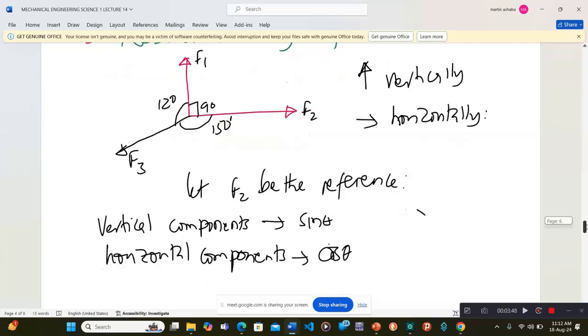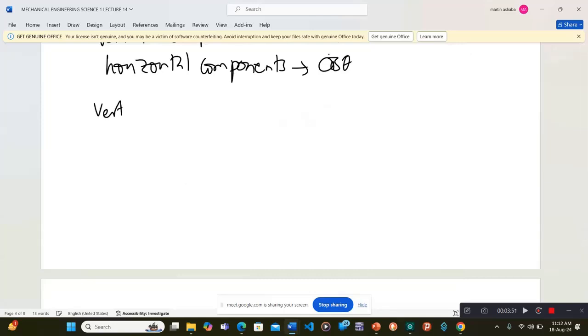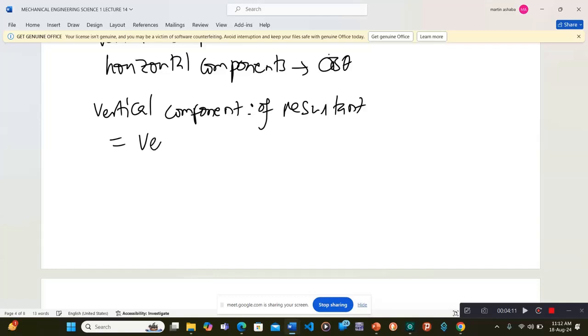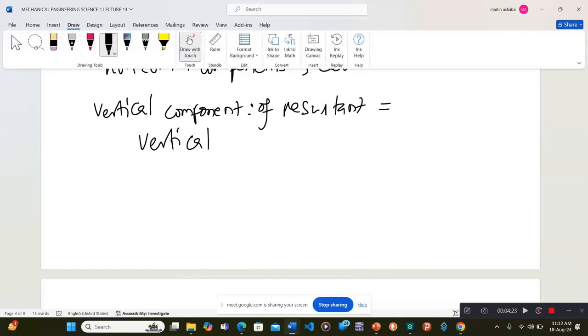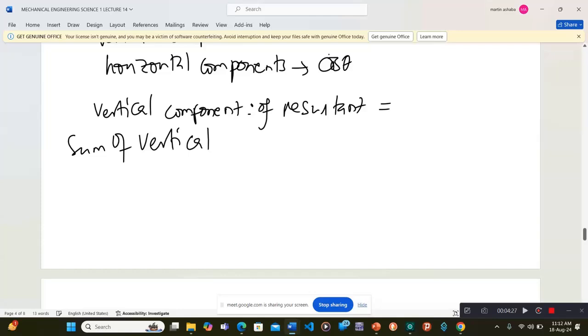But you can state it as, the vertical component of the resultant is going to be the vertical components of each of the forces. Let me say it is equal to, we shall say, the sum of vertical components of all the forces.